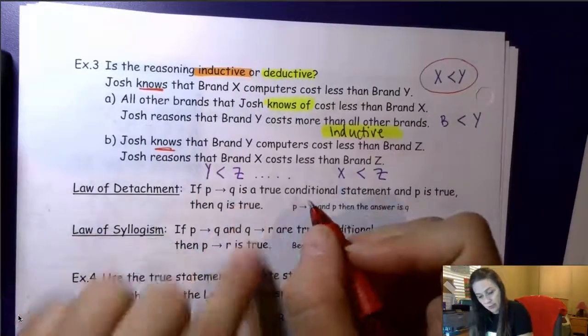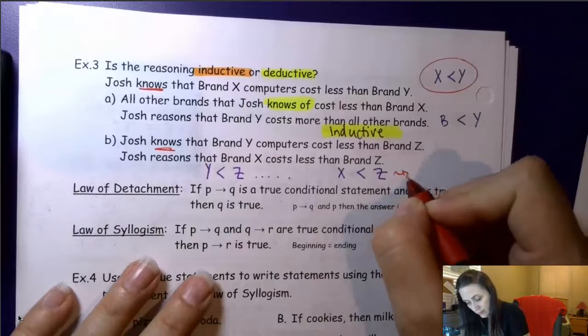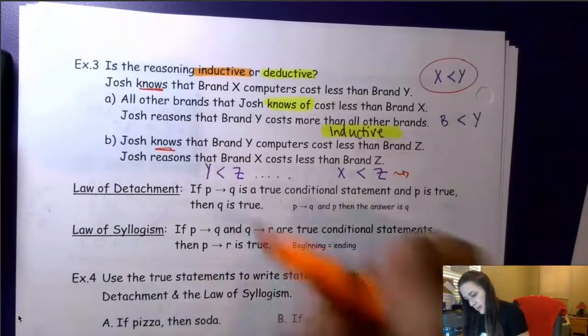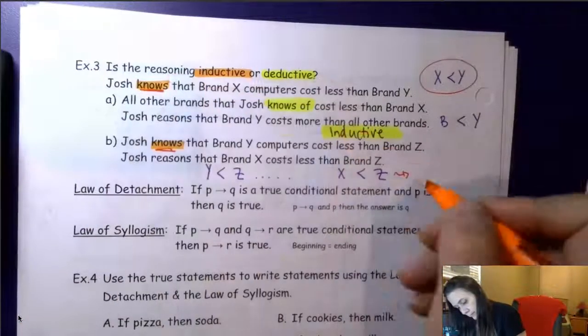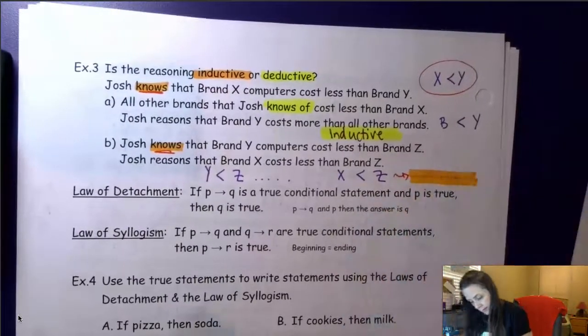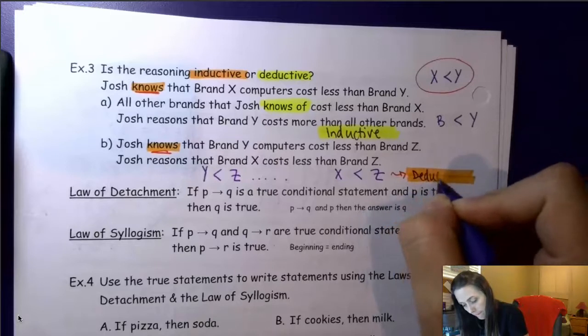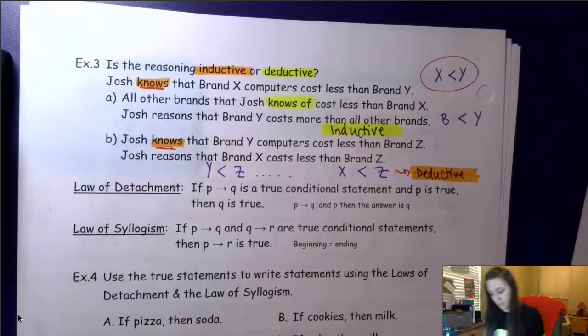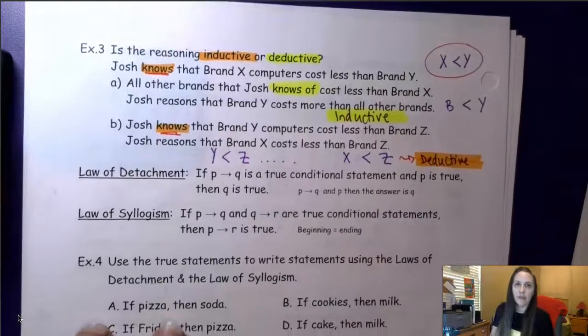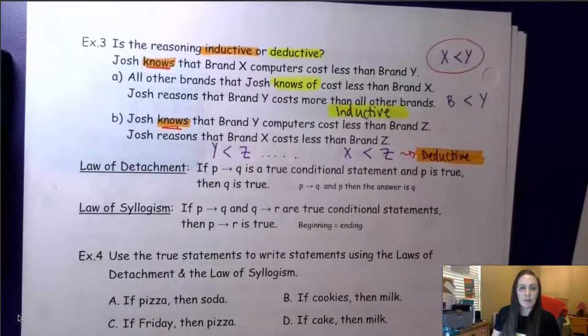So he can reason this using deductive reasoning. Okay. So those are two different types of reasoning. It's whether or not he observes and knows the pattern, or if he knows it because it's a fact and he knows it for sure.